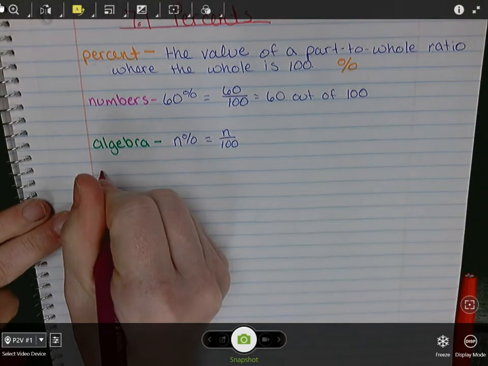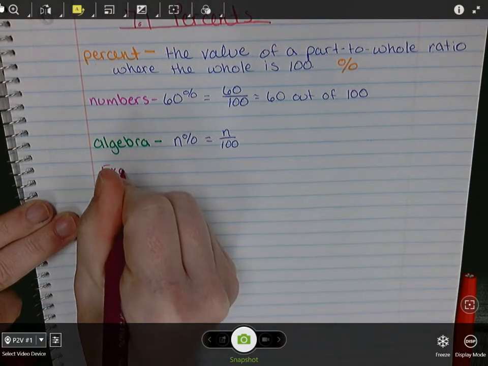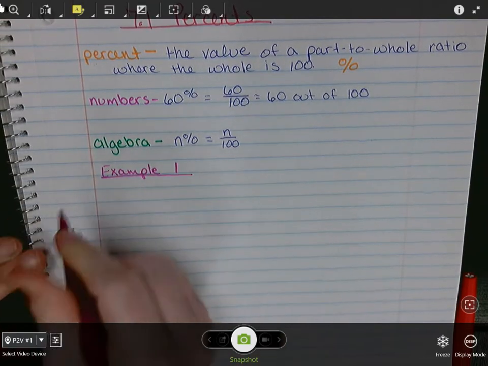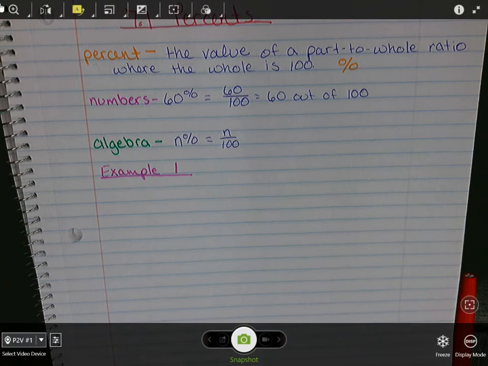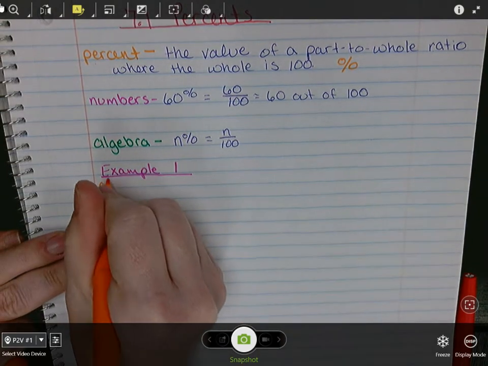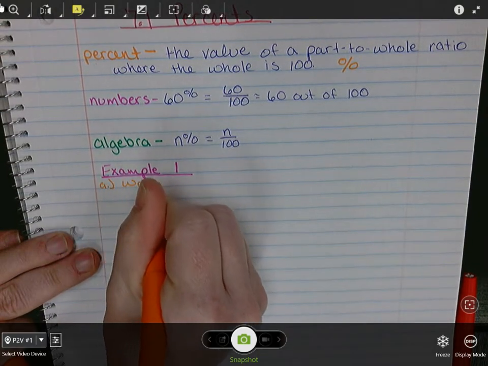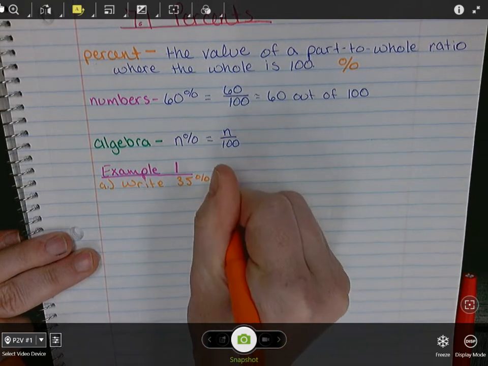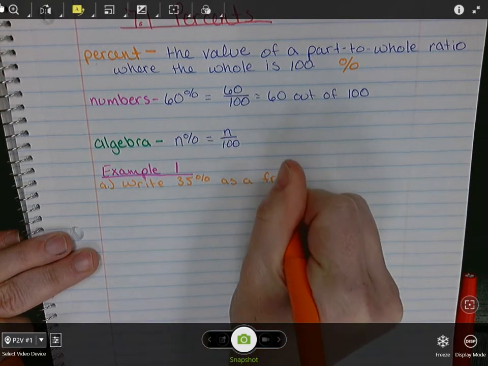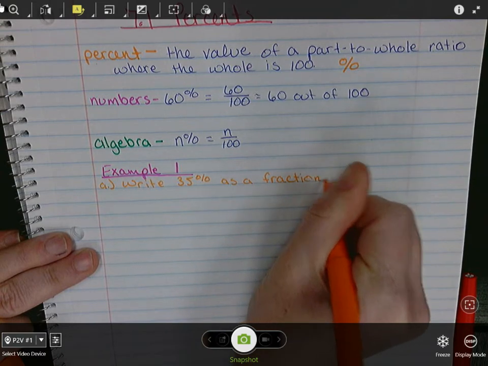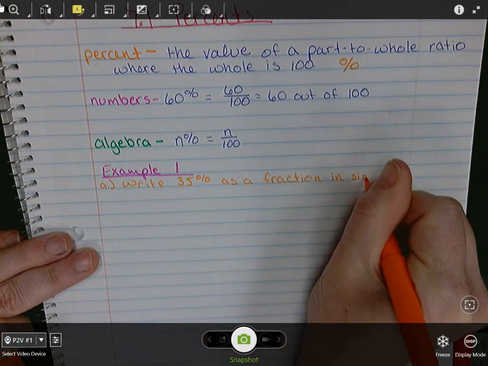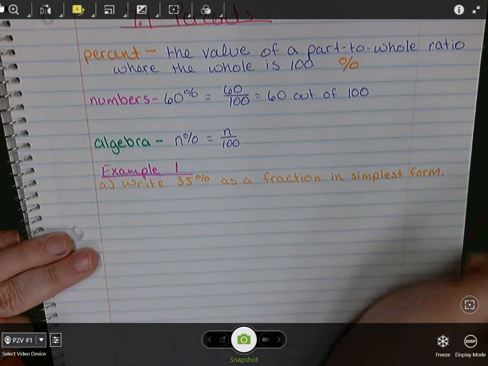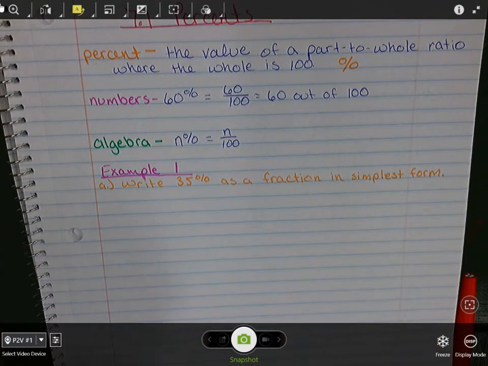Example 1, or our first set of examples. Part A. Write 35% as a fraction in simplest form.